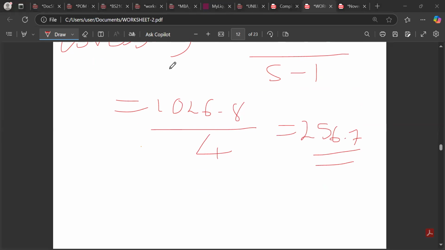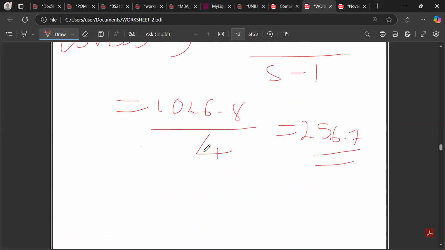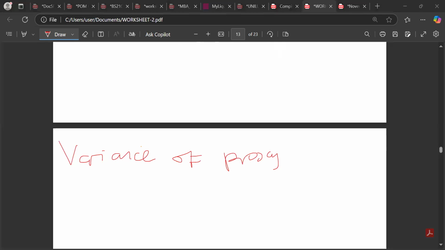Remember, we need the variance of the market proxy formula here. So to find the variance of the market proxy, we already have one vital element.